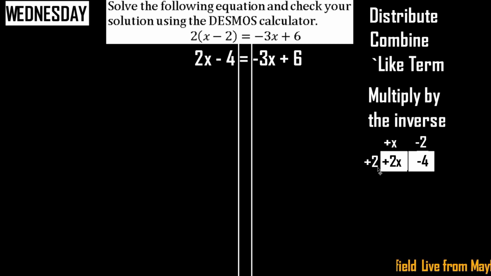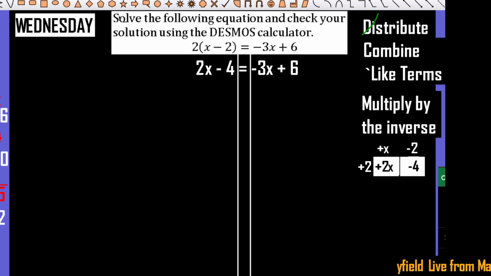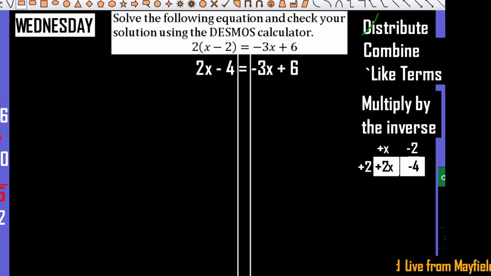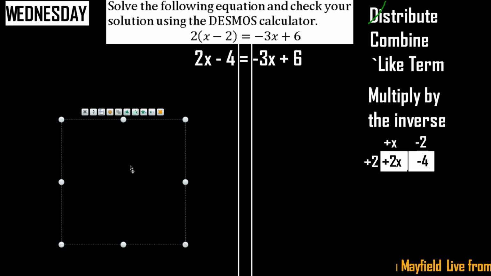Alright, so let's bump this to the side. So we did our distributive property. Now we want to combine like terms. So we look to see, okay, is there any like terms on the same side? So on the left side, we actually make a nice big rectangle. Now we can cross out what we need.